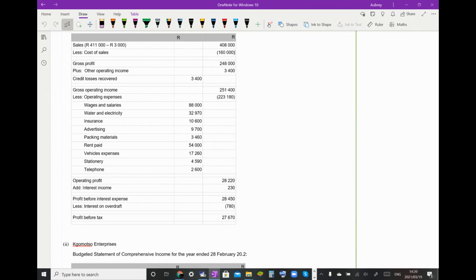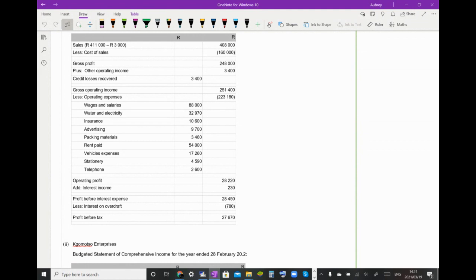Okay. Then after that, you had advertising. Then you have packaging materials. Then you have sales. All right. Then we have credit losses recovered. That's also another income. Right. Then you have rent paid. If it was rent received, that would also be another income. Then we have vehicle expenses. That's obviously an expense. We have cost of sales.